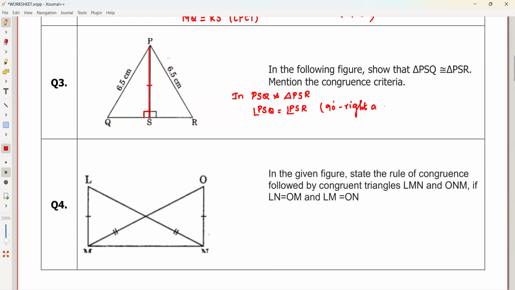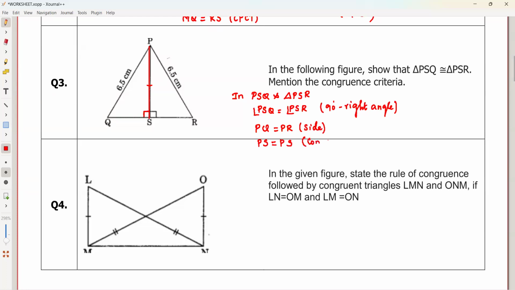And then the hypotenuse sides PR and PQ, 6.5 centimeters. So PQ is equal to PR. Both sides are given equal. Next, PS is equal to PS. Both are the common side.